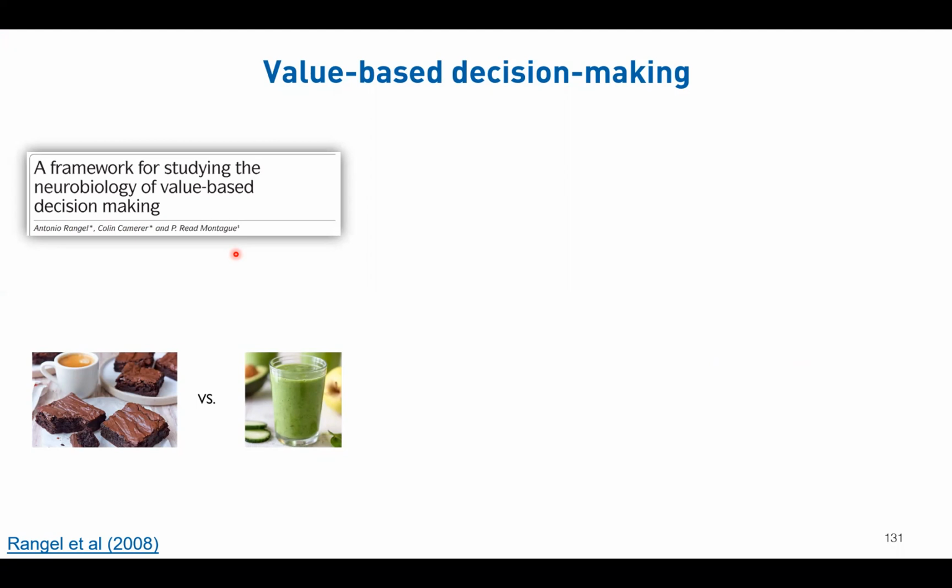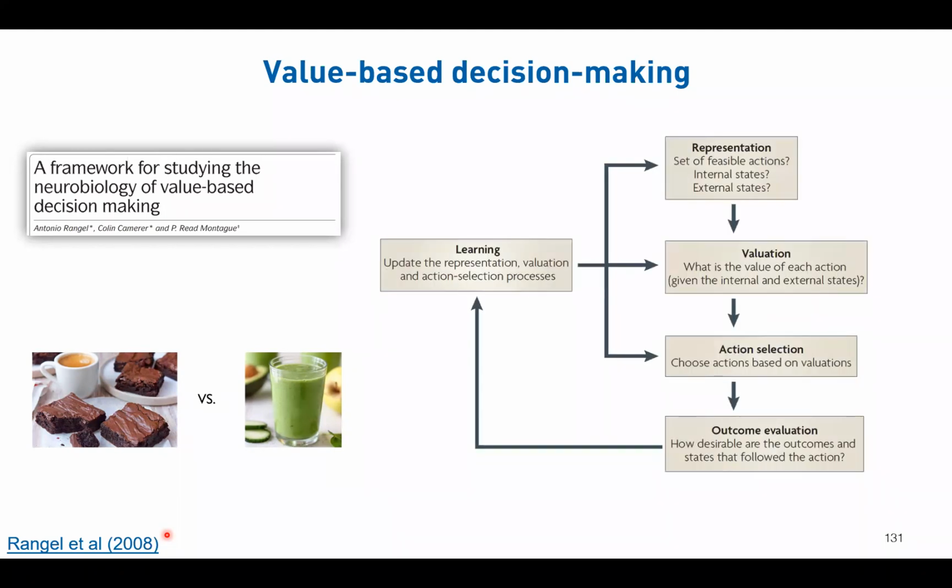There are research teams from more than 10 years ago who proposed a framework for studying the neurobiology of value-based decision-making, right? It fits very well to the general overarching topic of our pro seminar, this introductory seminar. So in this paper, they basically proposed a framework. So the framework goes this way.